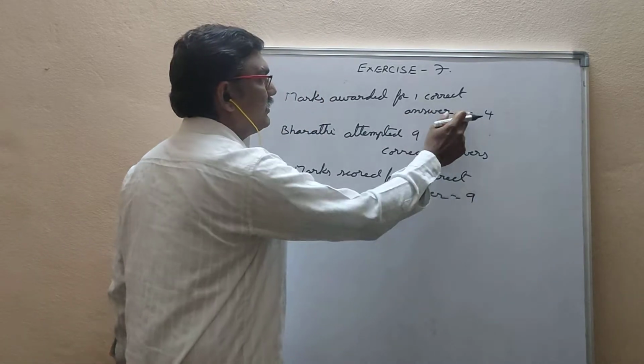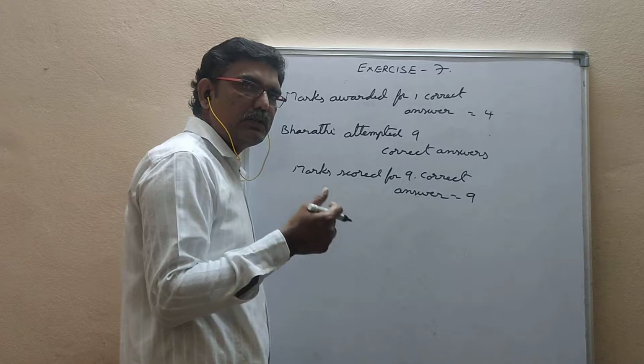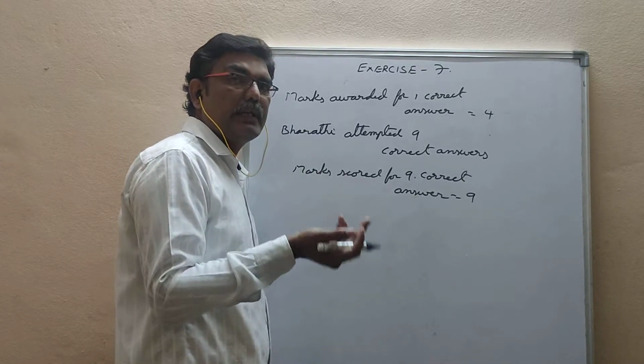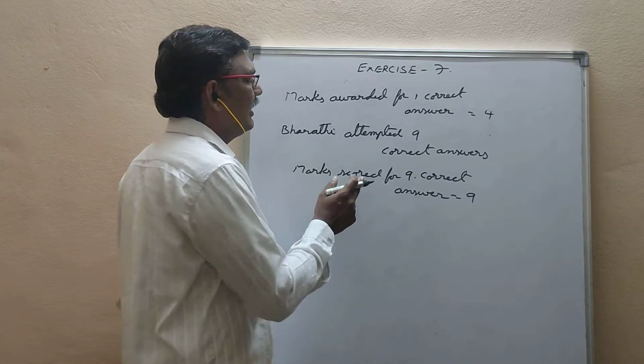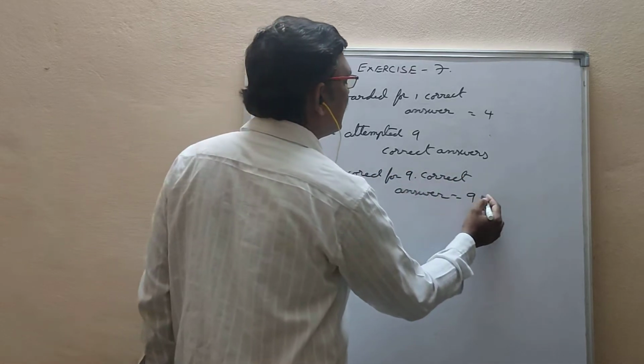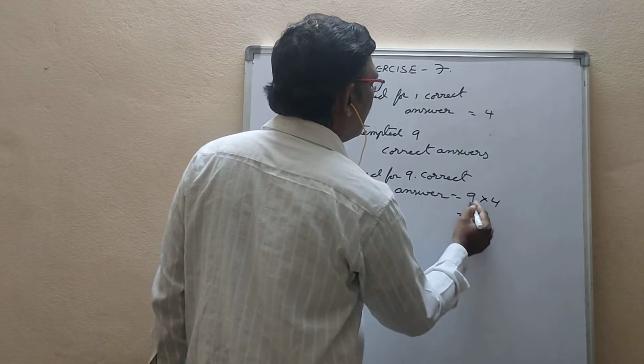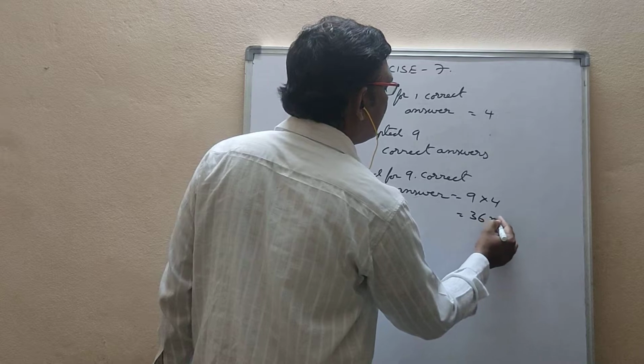So, for 1 correct answer, 4 marks. For 2 correct answers, 2 into 4 marks. For 3 correct answers, 3 into 4 marks. Like that, for 9 correct answers, 9 into 4. 9 fours are how much here? 36 marks.